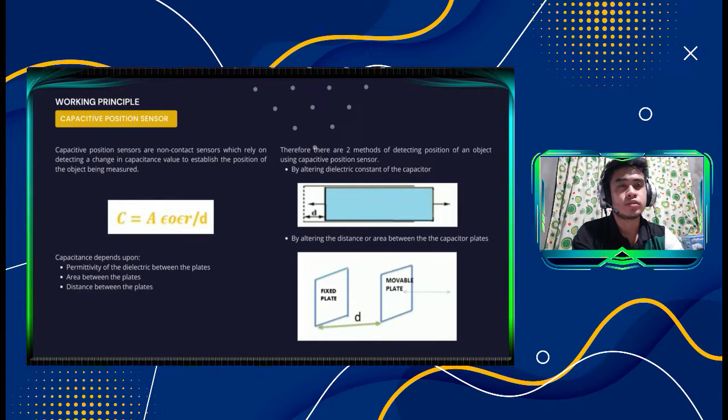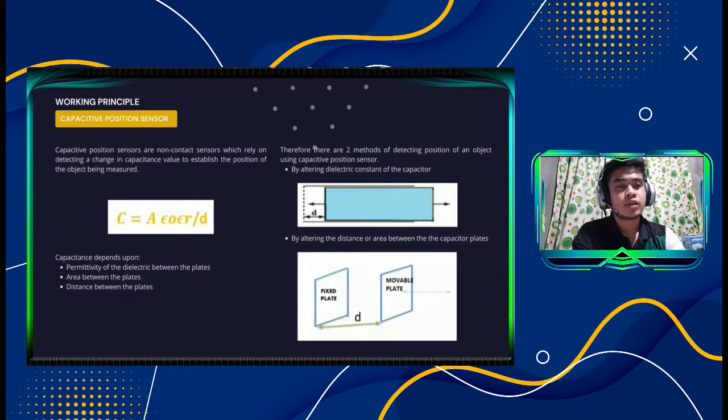Capacitive position sensors. These are non-contact sensors which detect change in capacitance to measure the position of an object. So here is the formula of the capacitance. We know that capacitance between any two plates is given by C is equal to A epsilon 0 epsilon R over D, where A is the area, epsilon 0 is the permittivity of free space, D is the distance between the plates, and epsilon R is the relative permittivity of the dielectric.